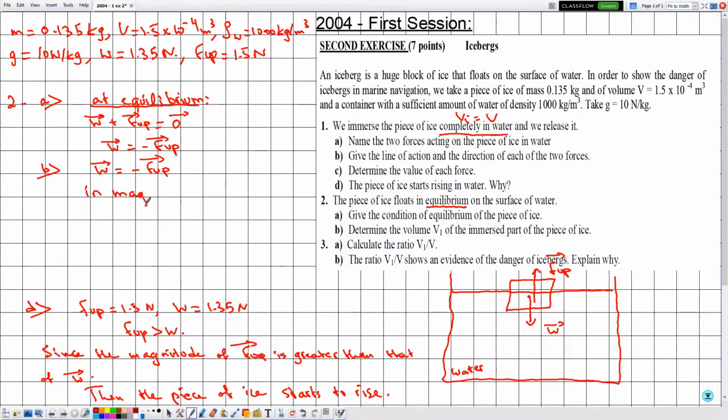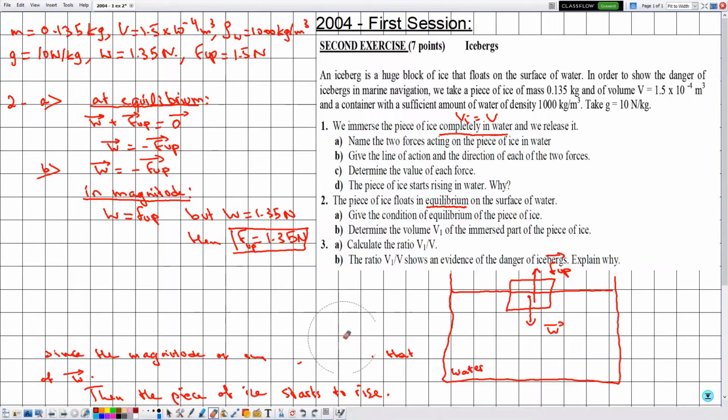So let's say in magnitude we have that W is equal to F upthrust, but the value of W didn't change, which is given by 1.35 newtons. Then F upthrust in this case is given by 1.35 newtons. Now after we have determined the new value of F upthrust, we are ready to determine the immersed volume, knowing that the immersed volume and F upthrust are related via the following formula.